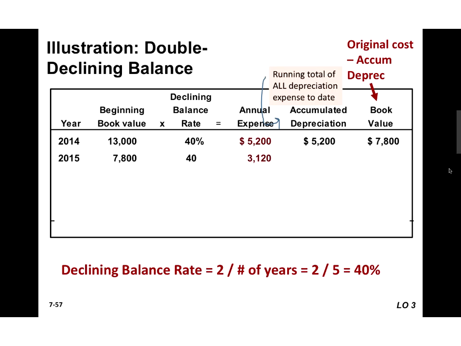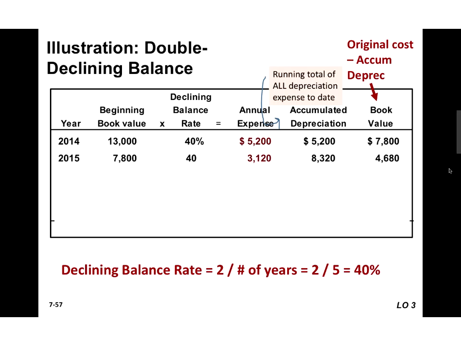Then we add that to last year's accumulated depreciation balance. So we'll add the $5,200 plus $3,120, and we get $8,320. And then my book value at the end of the year is my original cost of $13,000 minus $8,320, or $4,680.